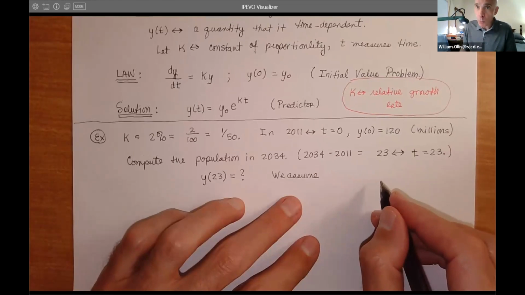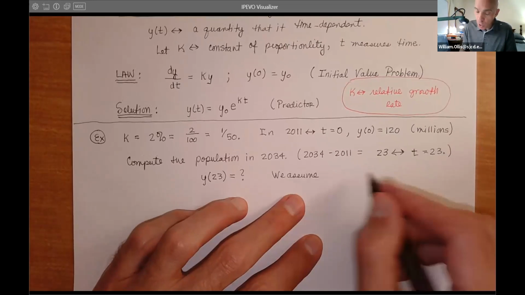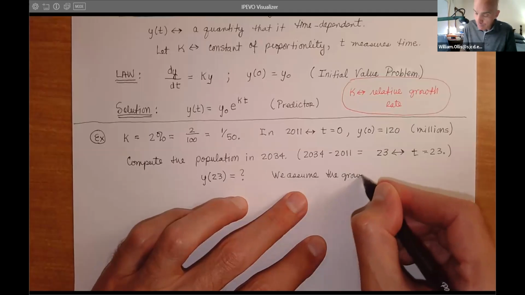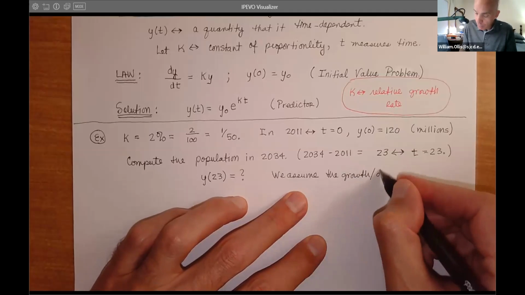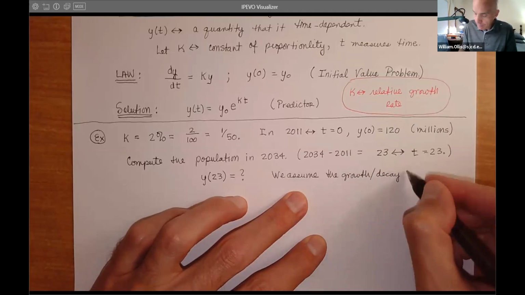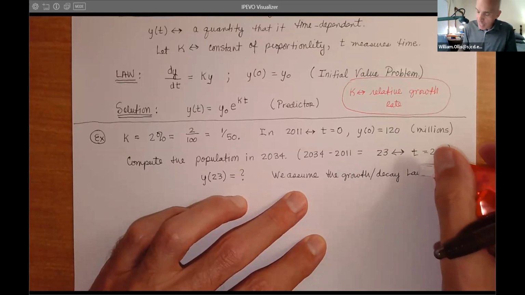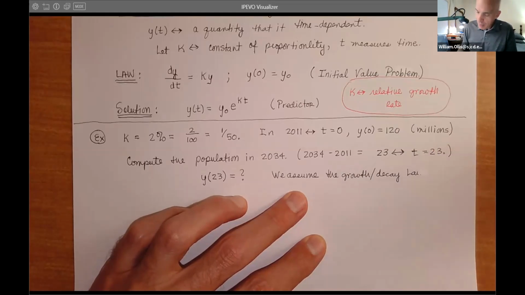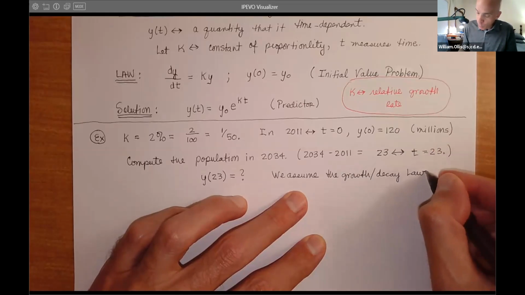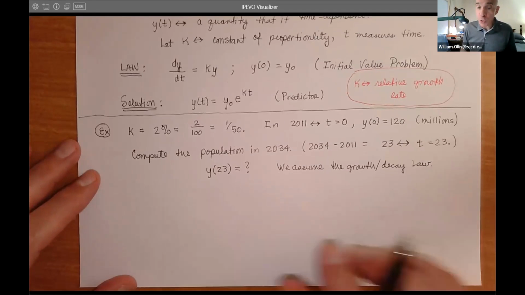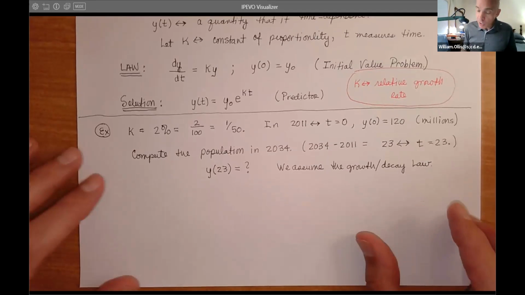We have to work harder with the other ones, but this is a good place to start. We assume the growth/decay law. These are great for populations, radioactive decay, things like that. This law is very useful. And it's proven to be very useful throughout history. That's why we continue to use it.